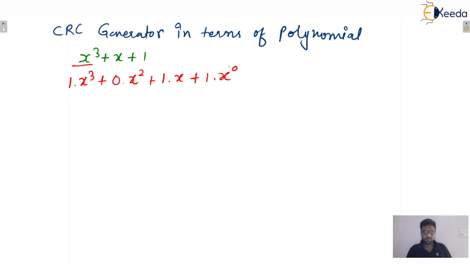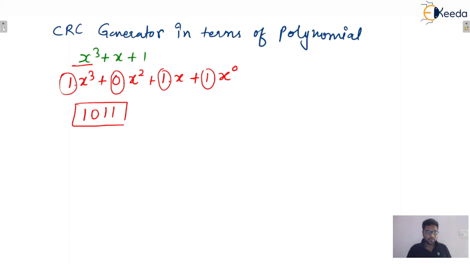So take these bits: 1 0 1 1. Here the CRC generator is 1011. I hope you understand this one.